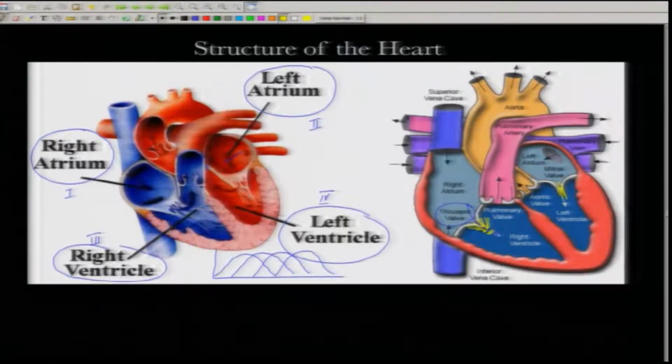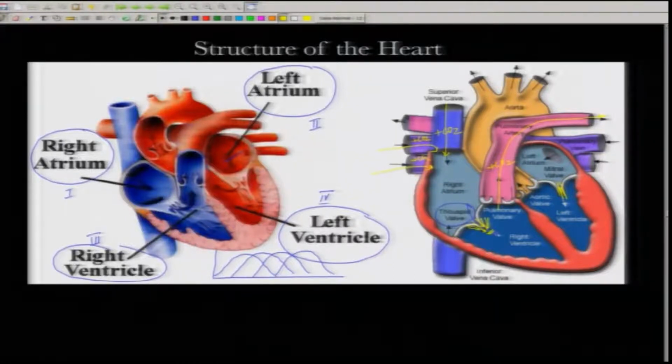And one more thing, there is a pulmonary valve which ensures that the impure blood moves along the pulmonary artery, the only artery in your body carrying CO2-rich blood, right. You remember I told you, and then we talked about the superior and the inferior vena cava, bringing CO2-rich blood to the right atrium.